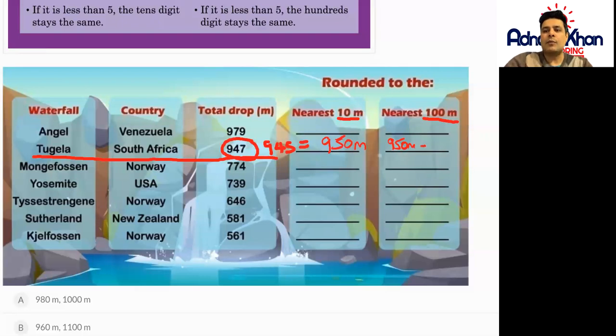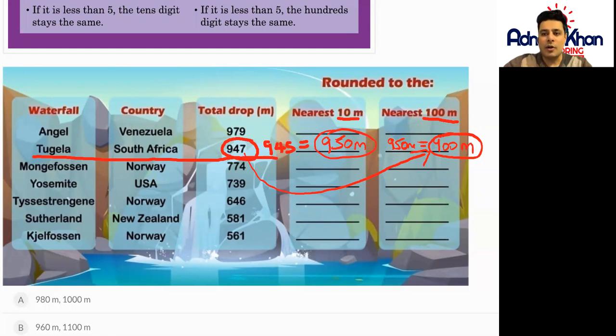So in this case, we know that 947 is less than 950, and it's going to be closer to 900 meters. So our two answers there are 950 meters to the nearest 10 meter and 900 meters to the nearest 100 meter.